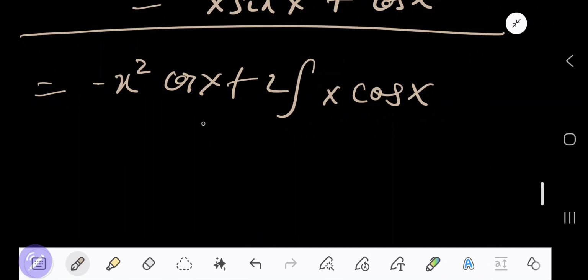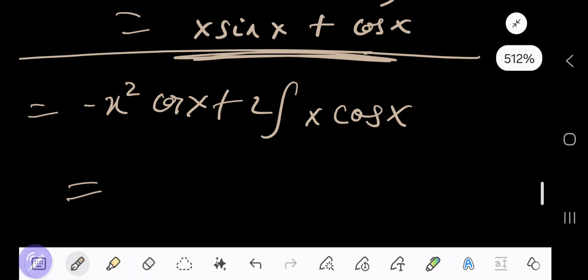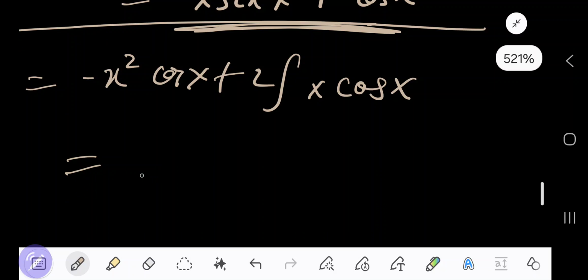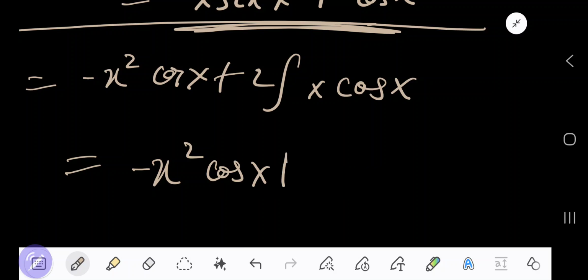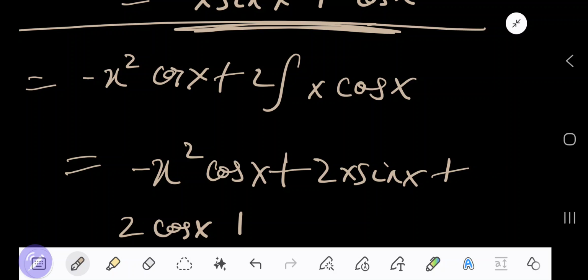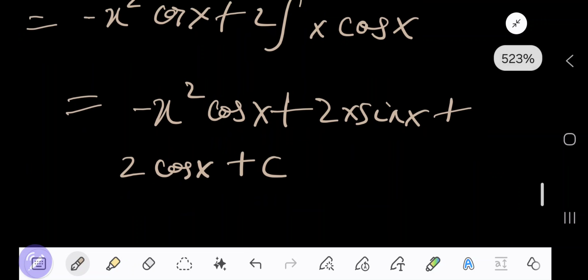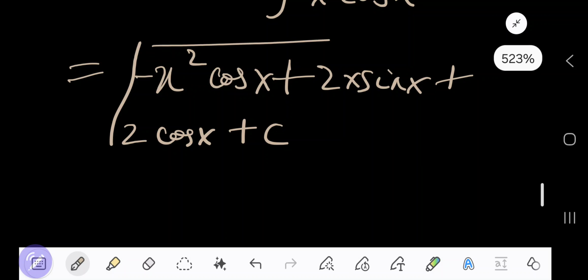So after we use this answer over here on top, this would be equal to negative x square cosine x plus 2x sine x plus 2 cosine x plus c. This is your final answer.